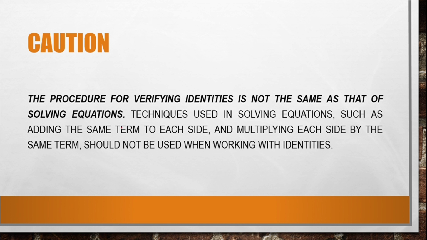But we could not add or subtract both sides, and we could not cross multiply when we verify identities. So we change only the left, or only the right, or both sides, without adding to both sides, multiplying each term by the same term, or cross multiplying. It's not allowed here.